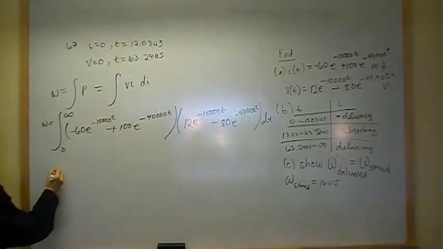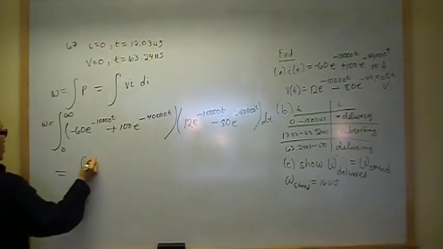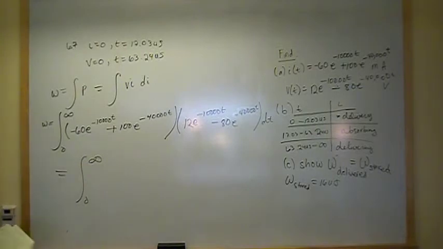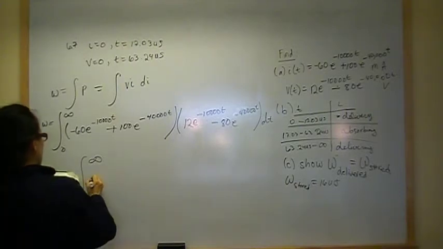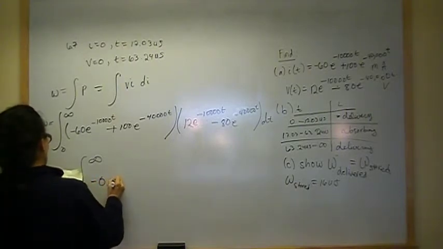That is going to be the integral from 0 to infinity. When you FOIL that, you'll get the integral of 0 to infinity of negative 0.72.